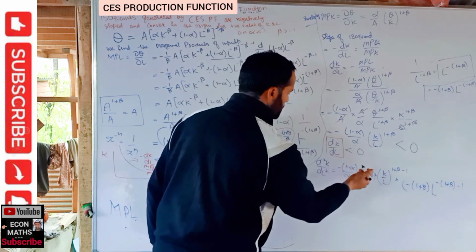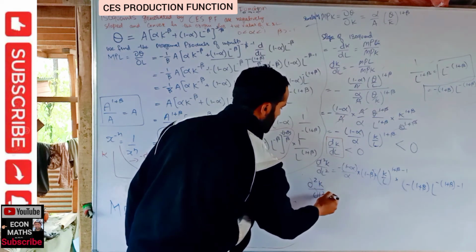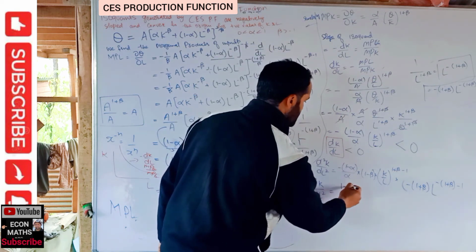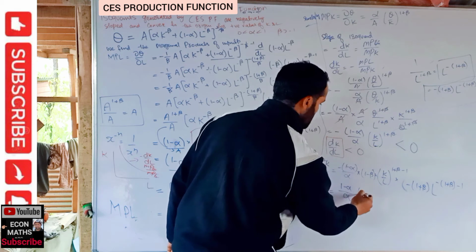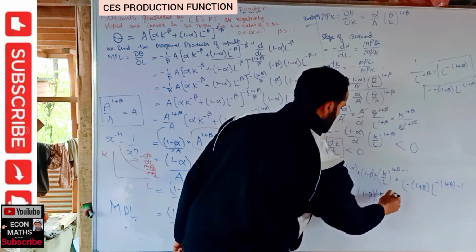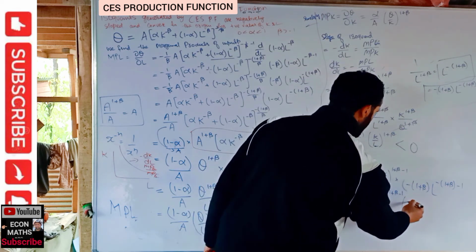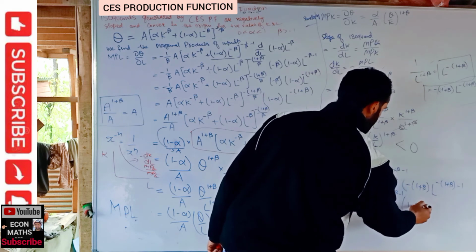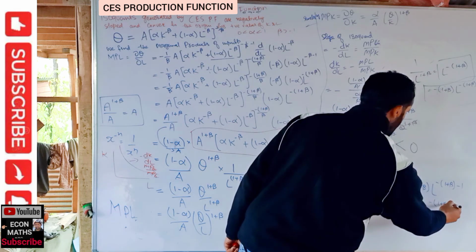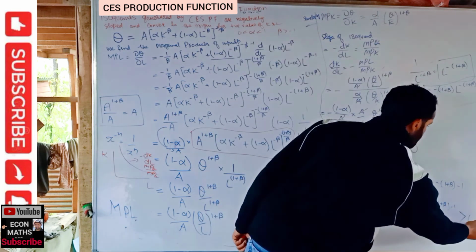That means we will get d square K divided by dL square equal to 1 minus alpha divided by alpha times 1 plus beta, K divided by L to the power 1 plus beta minus 1, and 1 plus beta, L to the power minus 1 plus beta minus 1.